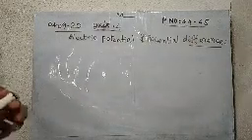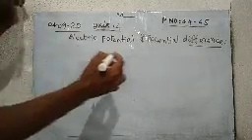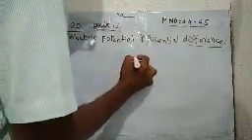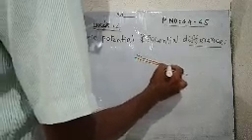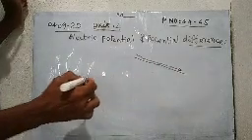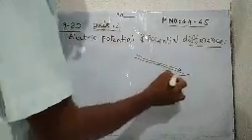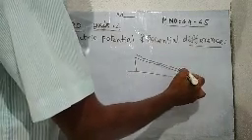Then we know that in order for water to flow from one place of the earth to another place of the earth, there must be a difference in height. Here it is more height and here the lower height.